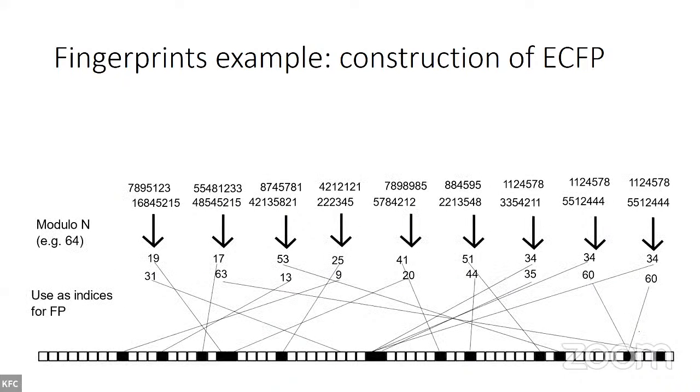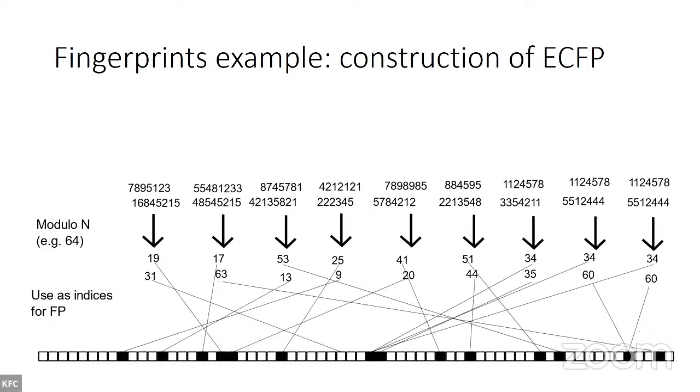It's very generically defined. But there is one more step, and this is we need to fit it in a fingerprint of a given length. So here it's shown as a fingerprint of length 64. And the way we go from this bag of numbers corresponding to a bag of fragments to a fingerprint is we apply a modulo operation. So we do modulo 64, and we get a number between 0 and 63.